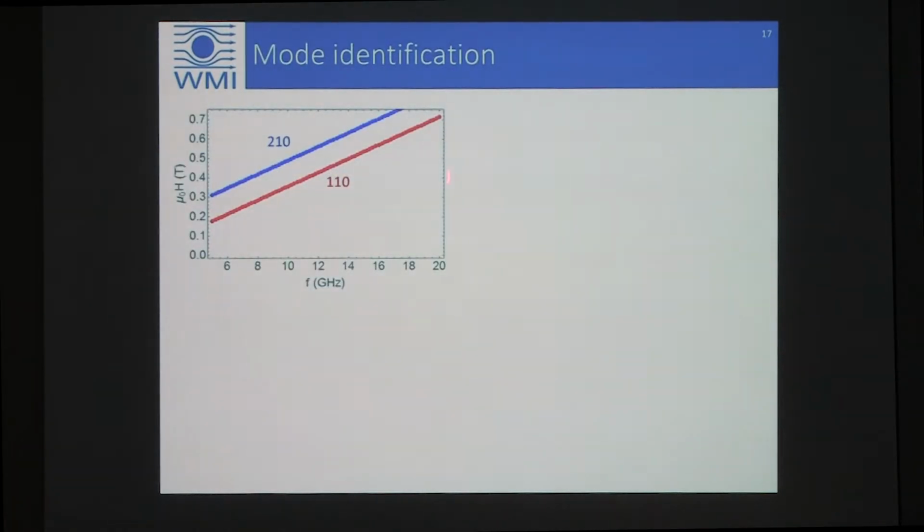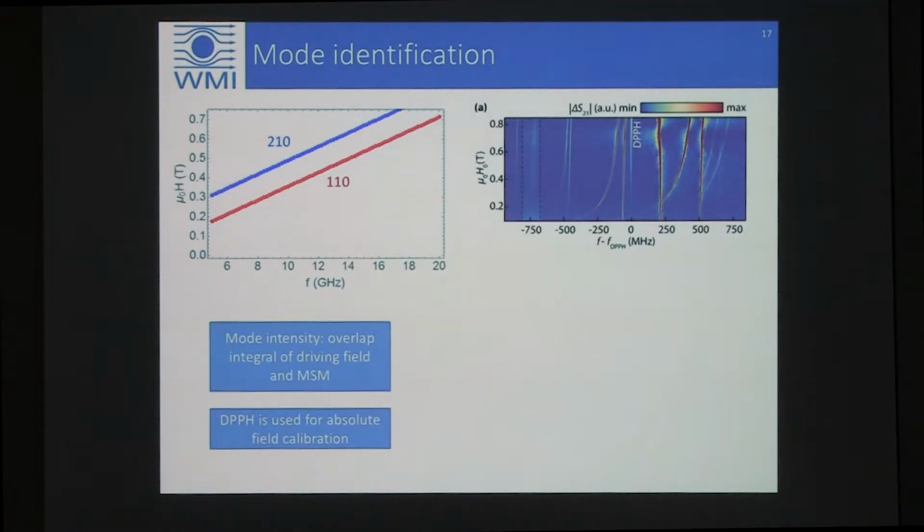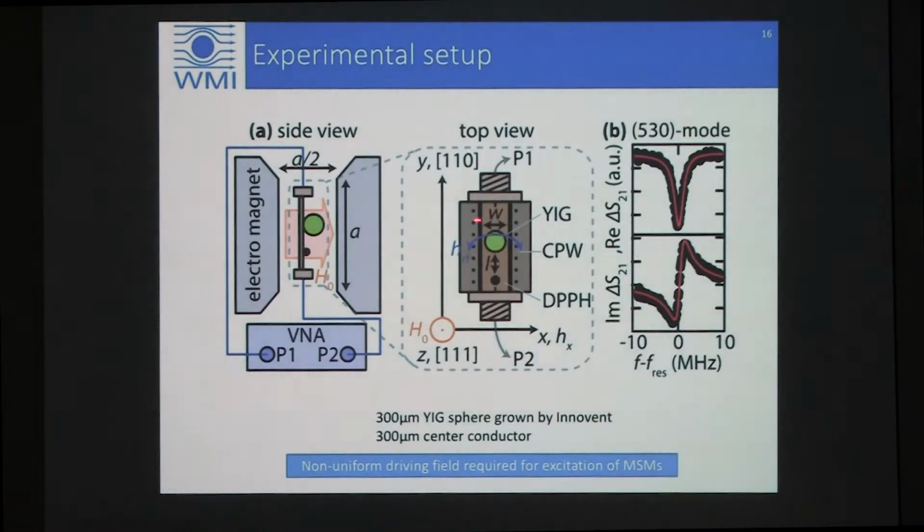This is what I showed before, what we would expect, and this is the corresponding experiment. Now, just to confuse everybody a bit, there's a renormalized frequency axis, so we subtract the resonance frequency of DPPH. Oh, sorry, I forgot to say that, it's the black point down here, some DPPH, some paramagnetic system, which we just use as a marker because it's very well known from literature what the g factor of this material is.